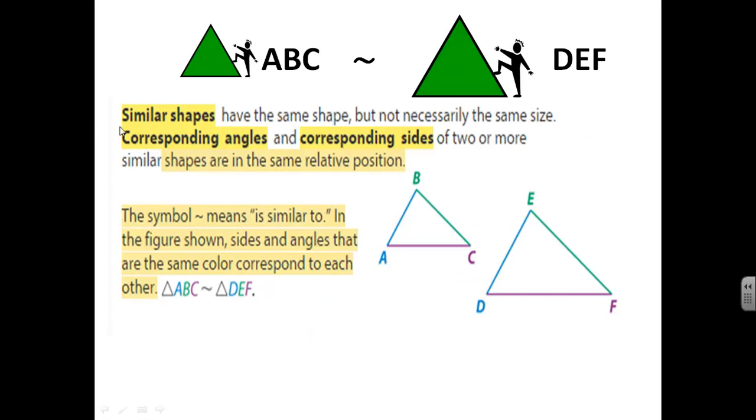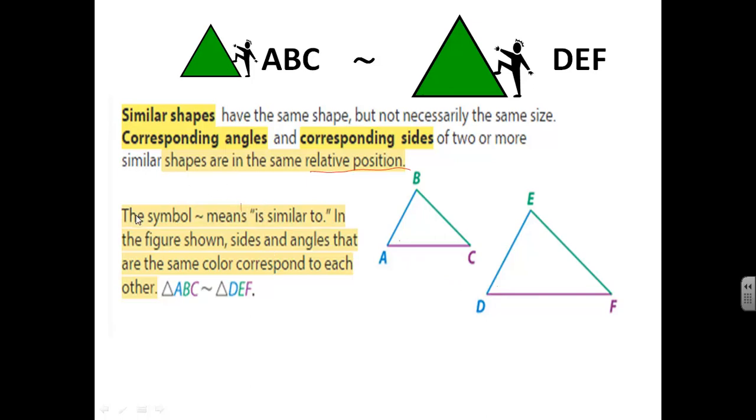Okay, here's triangle ABC and triangle DEF. Similar shapes have the same shape but not necessarily the same size. Corresponding angles and corresponding sides of two or more similar shapes are in the same relative position. That just means that angle A is corresponding to angle D because they're in the same position on the two triangles.